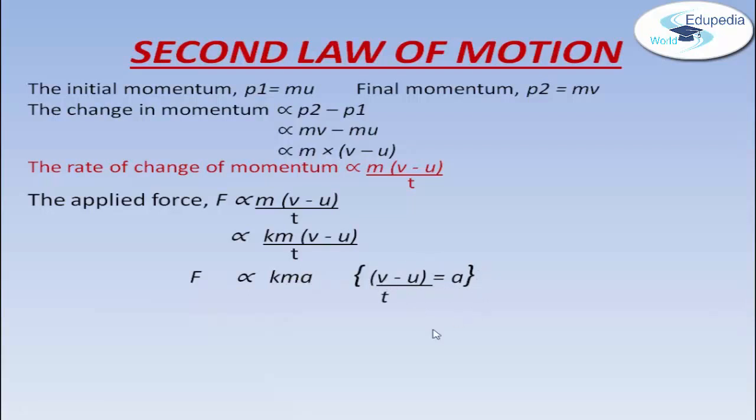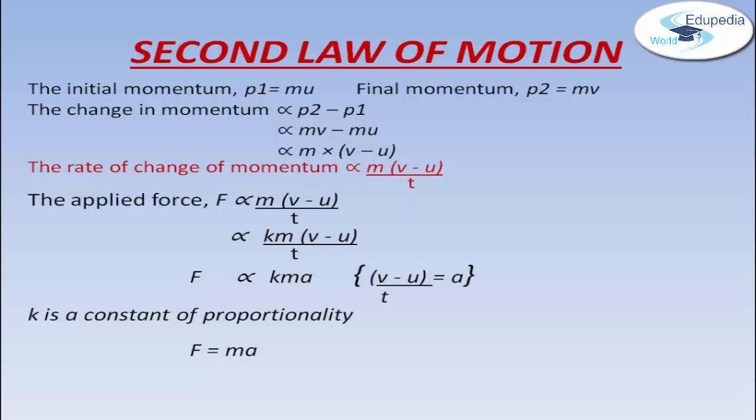So we substitute the value of acceleration into this and we get F is equal to k into m into a, where this k is a constant, which is known as the constant of proportionality. And since it's a constant, we remove it and we write F is equal to m into a.